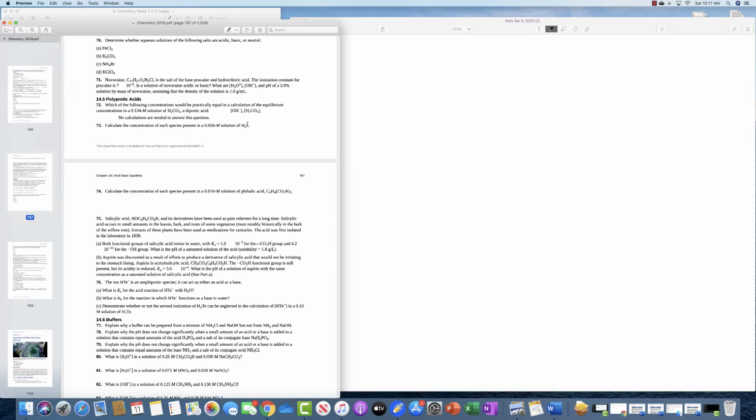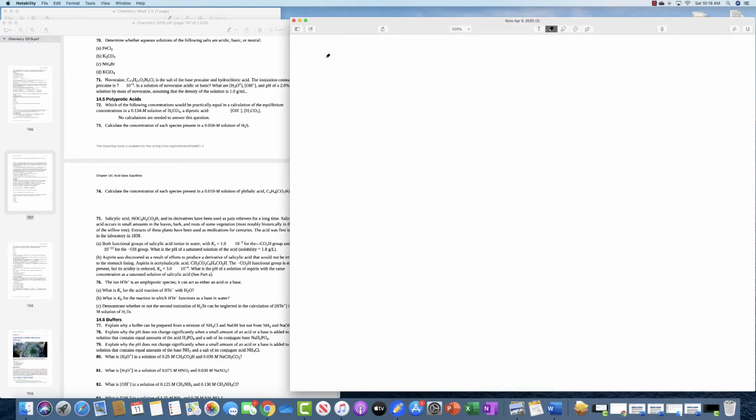So first of all, HTe minus plus H2O would go to form Te minus 2 plus H3O plus. So that's what this means when it says, what is the Ka for an acid reaction? An acid reaction of this would mean that it donates this proton to this species right here. What is the Ka for this?